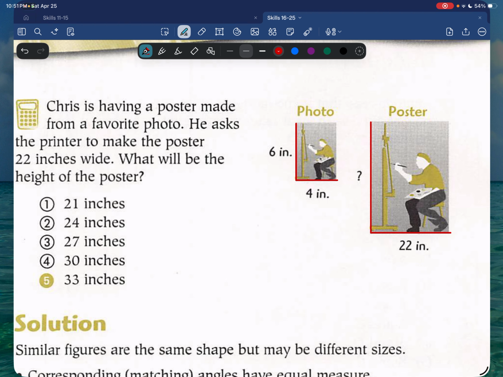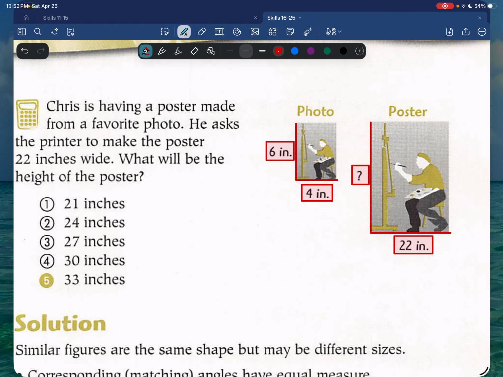He asked the printer to make the poster 22 inches wide. So he wants it to be 22 inches, and he's increasing that from 4 inches. And then we have the 6, and we want to know what the height of the poster will be.